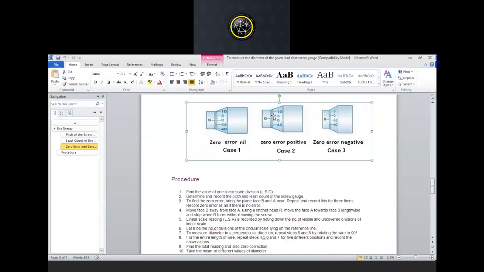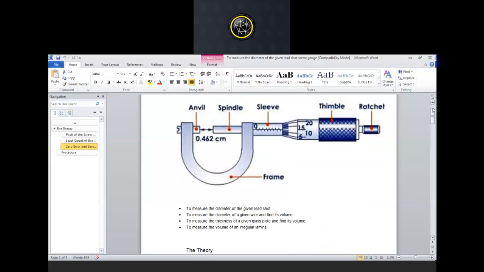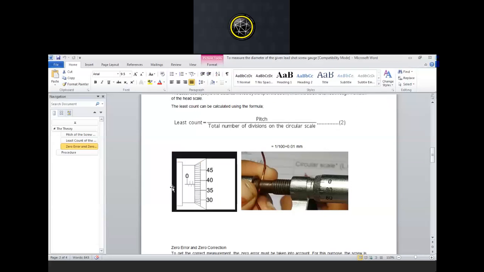That means reference line means this line. Sorry, just a moment. This one. The main scale is a reference line. Okay.